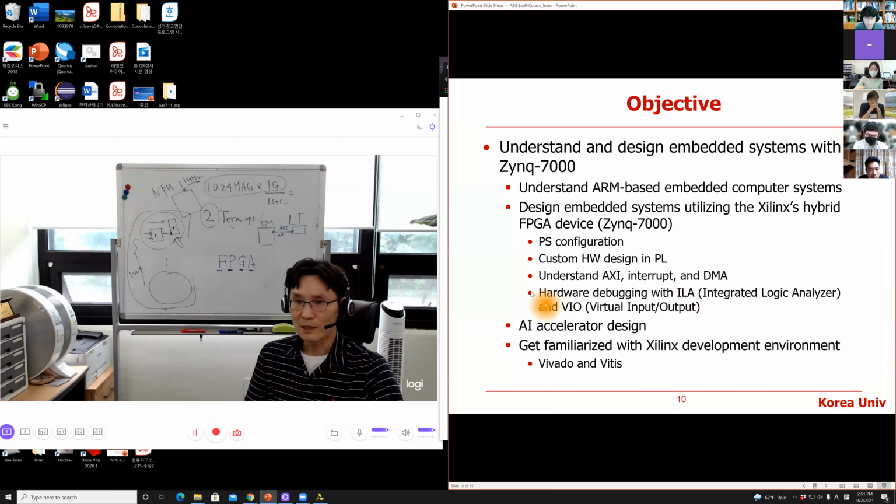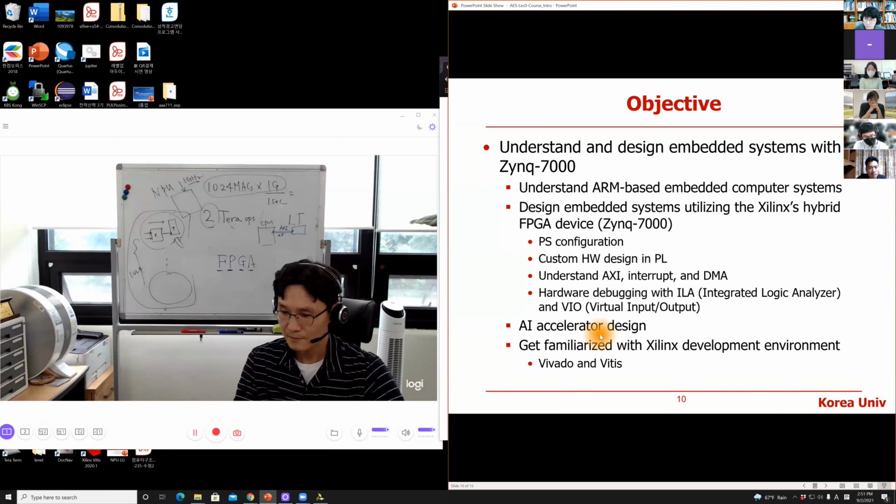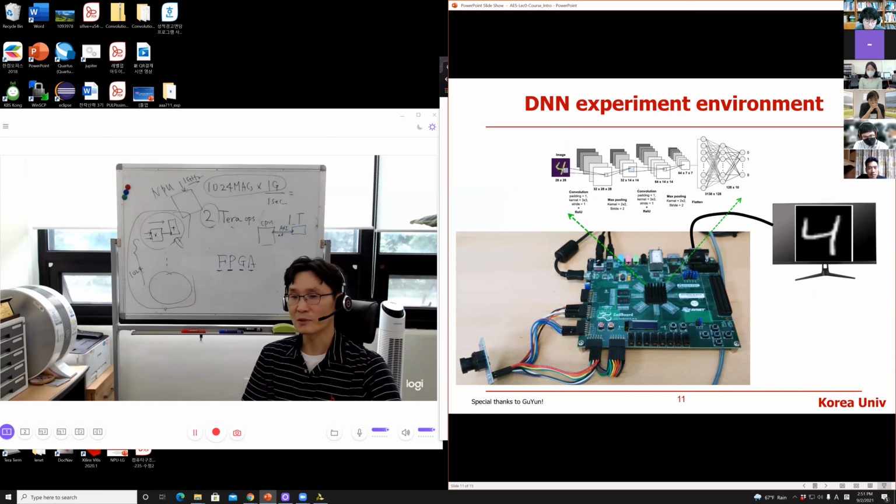Then after playing with these examples, we will switch to AI accelerator design. That is the environment we are going to use. My student Guyun set up this DNN experiment environment, so special thanks, Guyun.